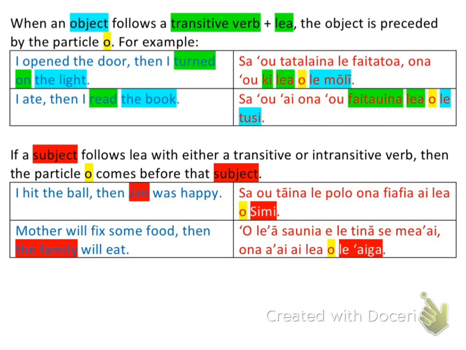o. Okay? So again, this is something that's a little bit heavy, but just remember, this first part right here, I should be able to translate with ease. I opened the door, sa'o tatalaina le faitatoa, and then I turned on the light. Okay? So I'm going to start with my ona like always. Ona.